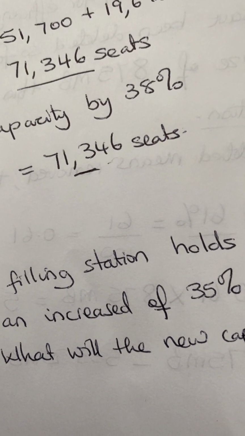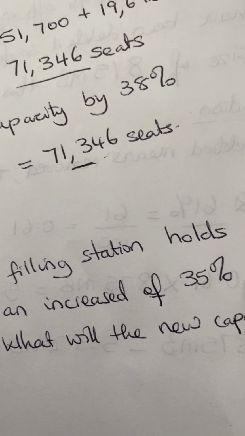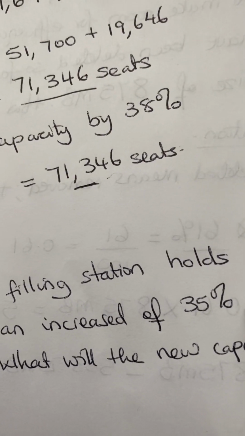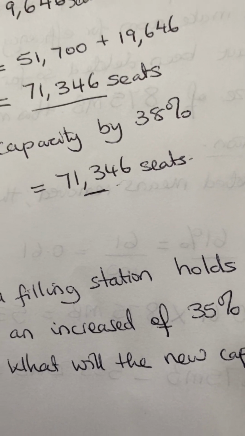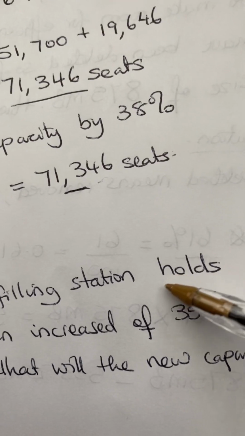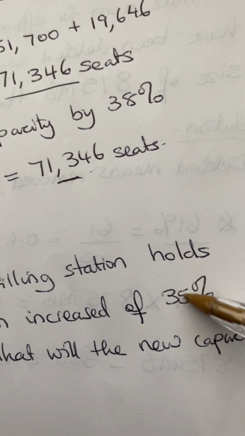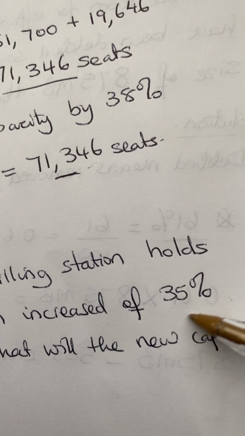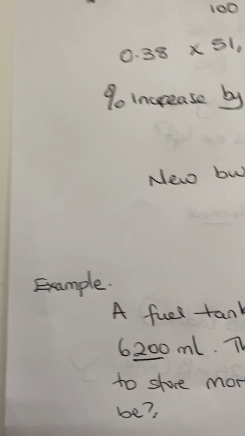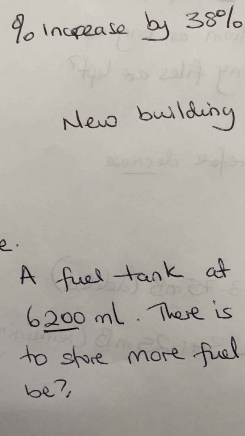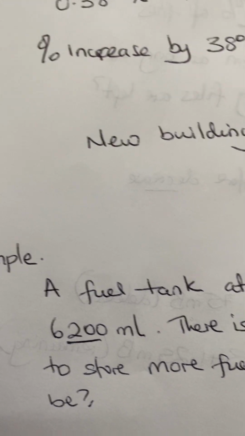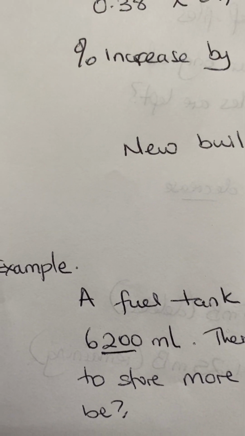So they are trying to increase its capacity. An engineer came in and they've asked the engineer to increase it by 35% so that they can store more fuel. What is the new capacity?